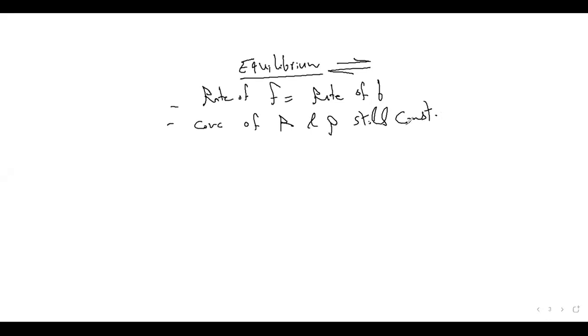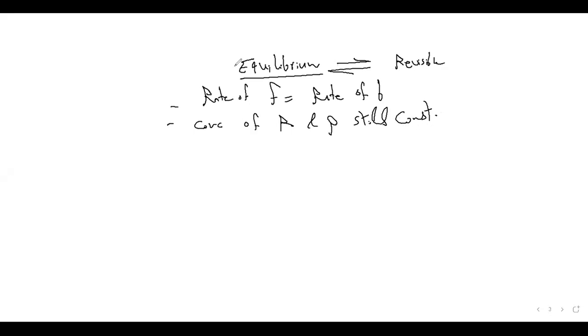Again, equilibrium proceeds in two directions, so it is a reversible reaction. In equilibrium, the rate of the forward reaction equals the rate of the backward reaction, and the concentration of reactants and products is constant.